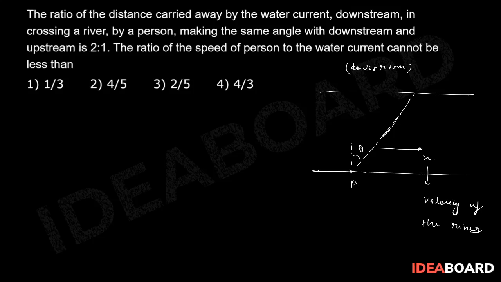and let us assume Vm is the velocity of man, which is actually doing swimming. So now you need to see the absolute total velocity. The total velocity will be the vector sum of these two.